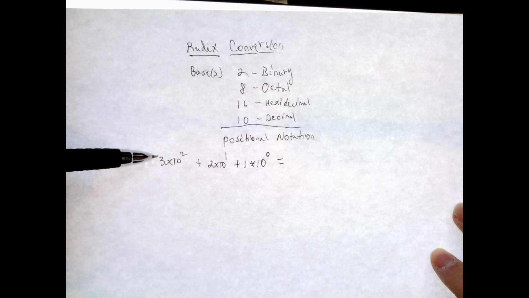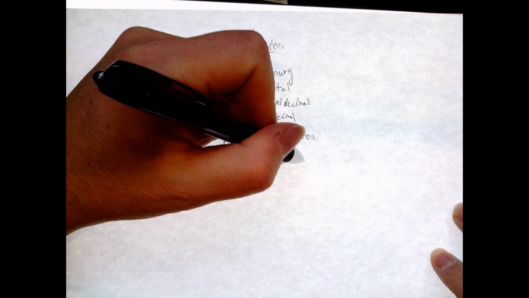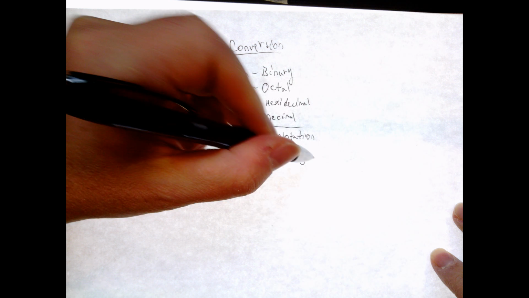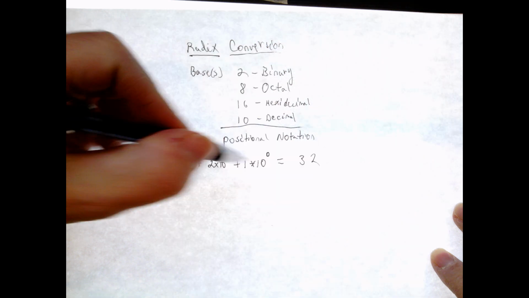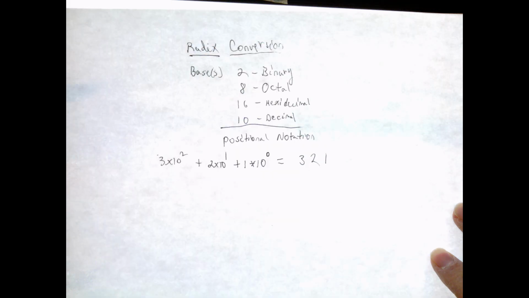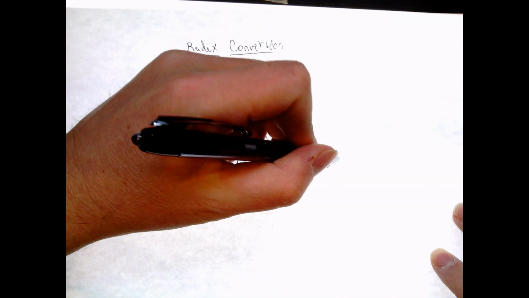So 3 times 10 to the 2 means we have a 3 in the second place. 2 times 10 to the 1 means we have a 2 in the first place. And 1 times 10 to the 0 means we have a 1 in the 0th place. And we denote this as 321 base 10.